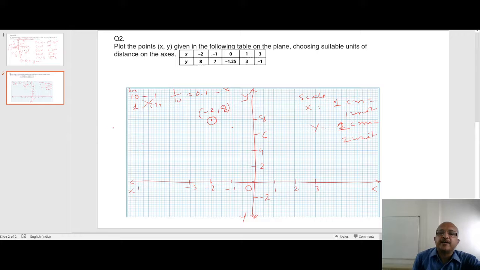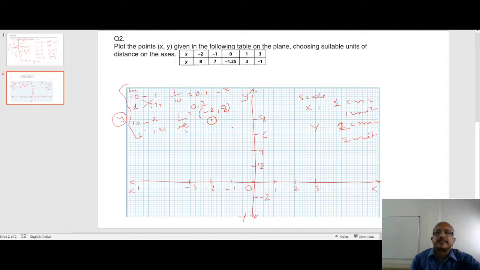And for y, 10 boxes means 2 units. So 1 box means how much? 1 into 2, 2 upon 10. That is 1 upon 5, that means 0.2. Okay. Understand? On the x-axis, this small box means 0.1. On the y-axis, this small box means 0.2. Am I clear? I have explained this also.